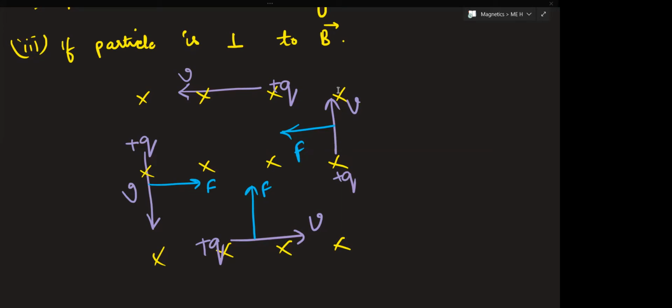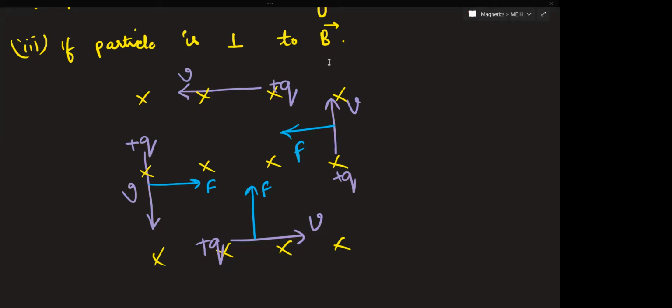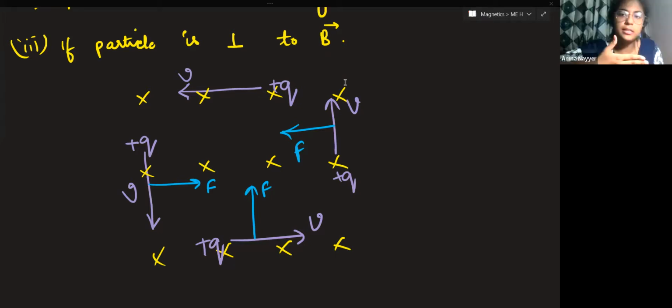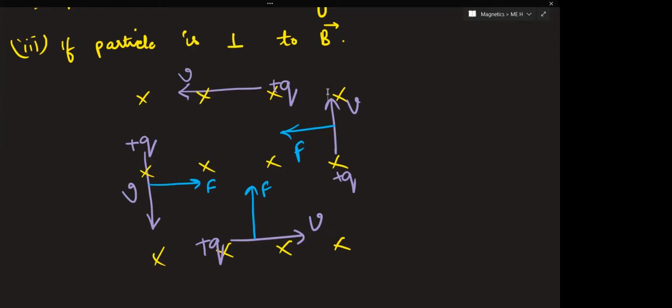Like this? Yes. So if you are keeping your hand like this, where is the magnetic field? Inwards or outwards? Inwards. Now, Madiha, it's correct. Magnetic field is inwards. So will you be able to curl it like this? No. Then tell me, is this position fine?